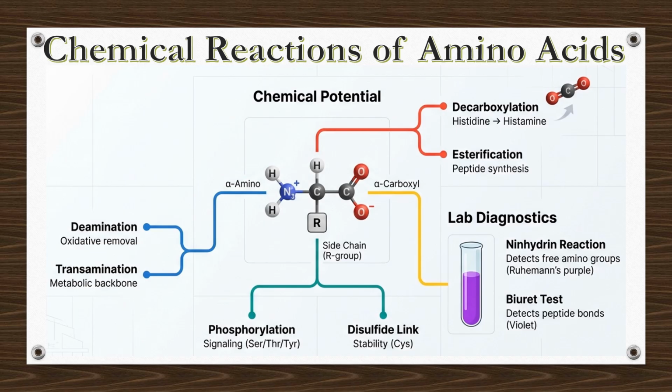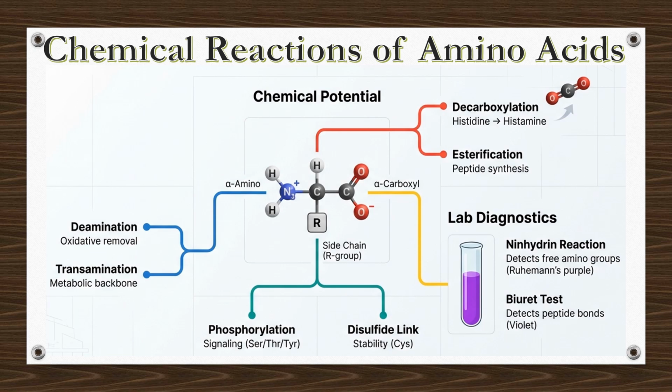Two transformations are especially important in metabolism. Decarboxylation converts amino acids into biogenic amines, many of which are neurotransmitters: histidine to histamine, glutamate to GABA, tyrosine to dopamine and adrenaline.